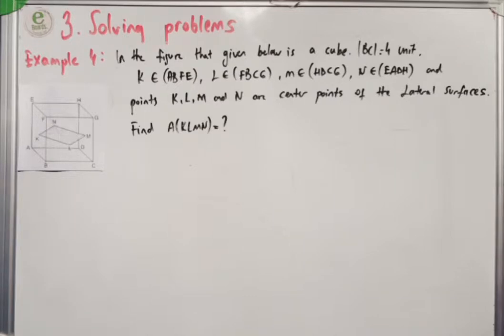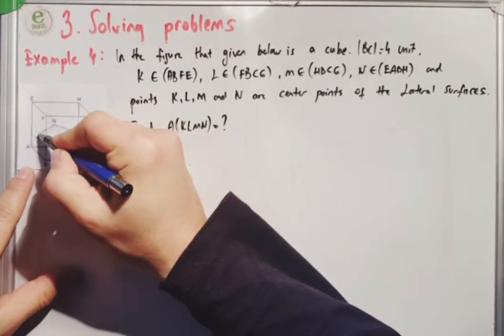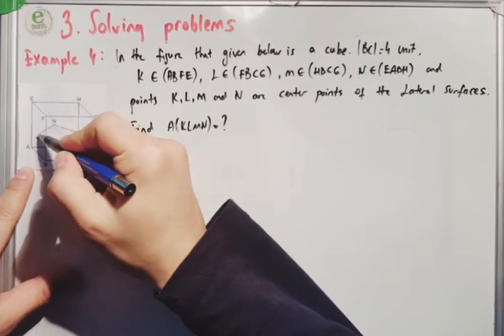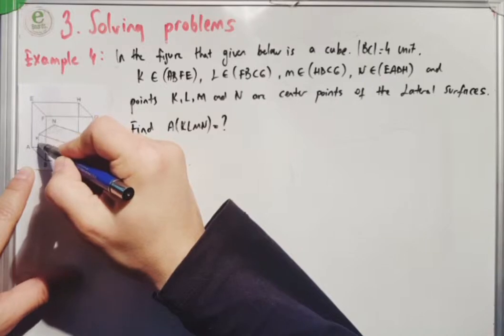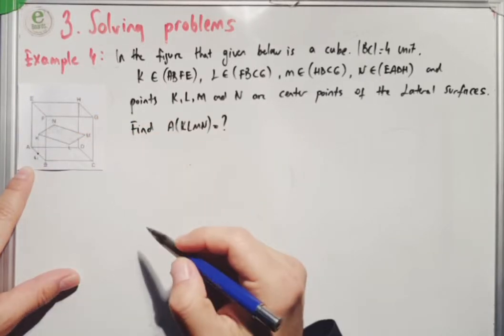Seems complicated, and time by time it becomes more and more complicated, so how can we make it easier? We are going to make a projection for points K, L, M, N. Let's do it. The projection point for K is the center point, so the projection of K will be the midpoint of AB. Let's say K1.